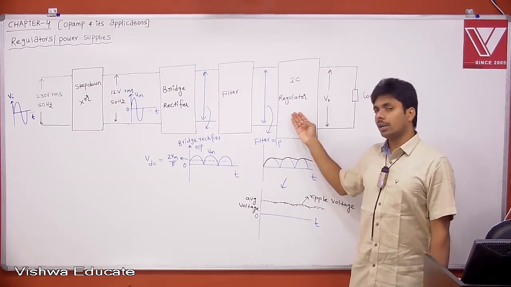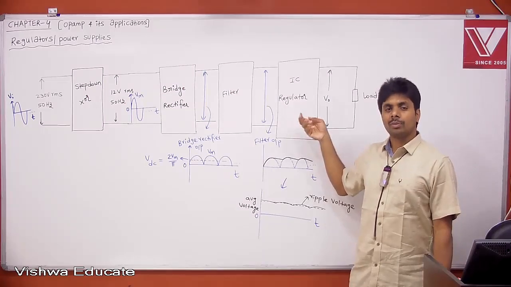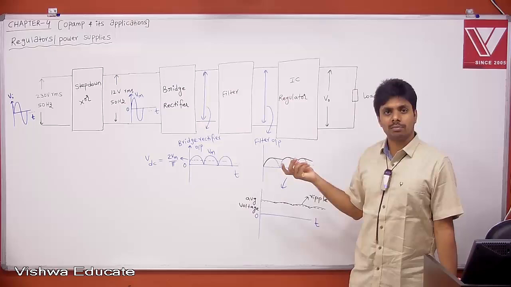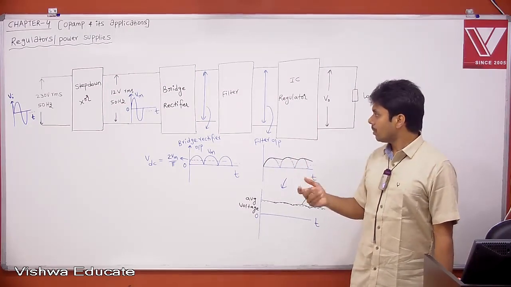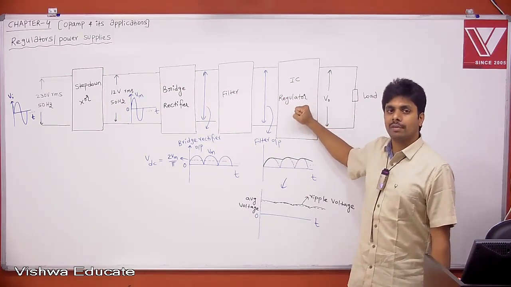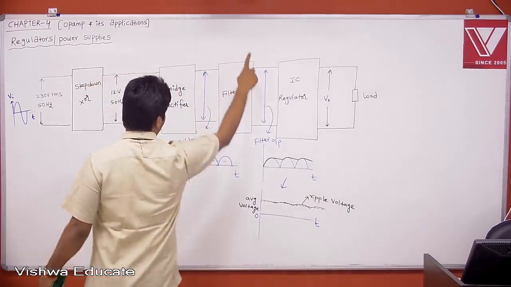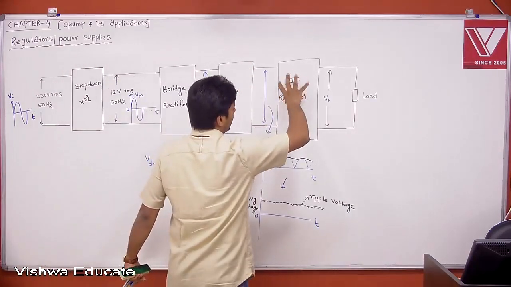It could be a Zener regulator, a series regulator, a shunt regulator, or a switching regulator, like a buck regulator, boost regulator, buck-boost regulator, different things. Remember, it could be anything, but we will study whatever is in our syllabus. This is common for everything, this is the default, but now we are going to study the regulator.